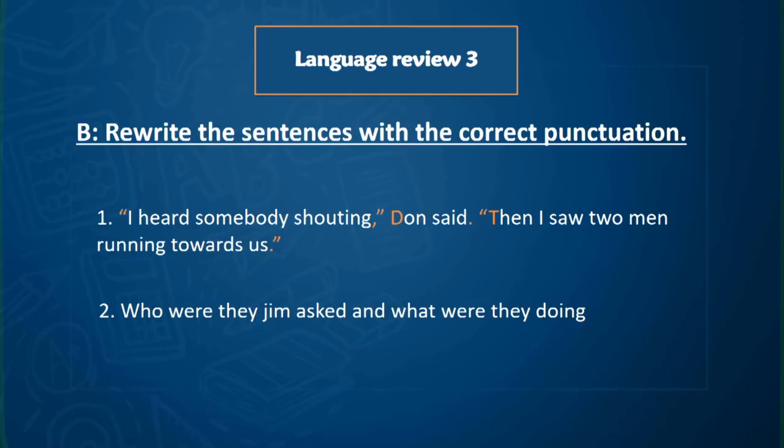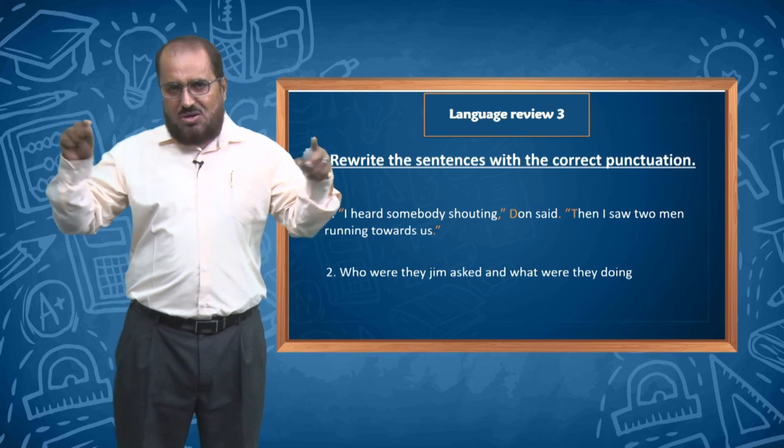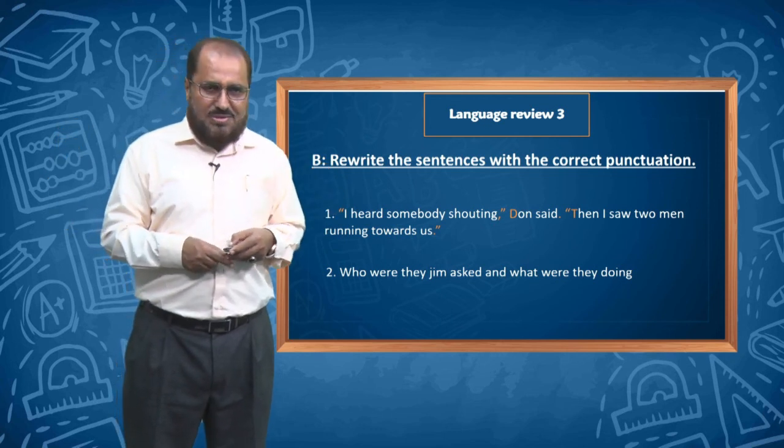Said, full stop, because we complete now the first sentence. Then I saw two men running towards us. Who said this? The writer? No. This is a continuation of the story said by Dan himself. So we put it in speech marks or quotation marks.